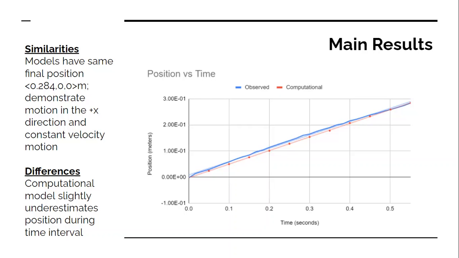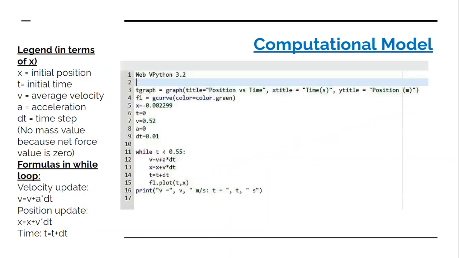When I say the starter code wasn't working for me, I couldn't really get the graph to represent the velocity of the object that I had rolled. So I just started over with a new one and defined the labels x, t, v, a, and dt, which represent position, time, velocity, acceleration, and the time step.